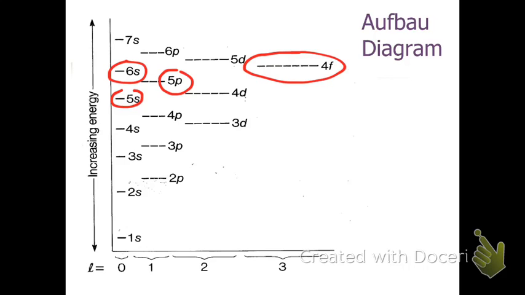So keep in mind that f orbitals are pretty energetic. Later on we're going to learn how to fill electrons, and we draw electrons like this. We'll talk more about how we actually fill them up in these orbitals as we build up the Aufbau diagram.